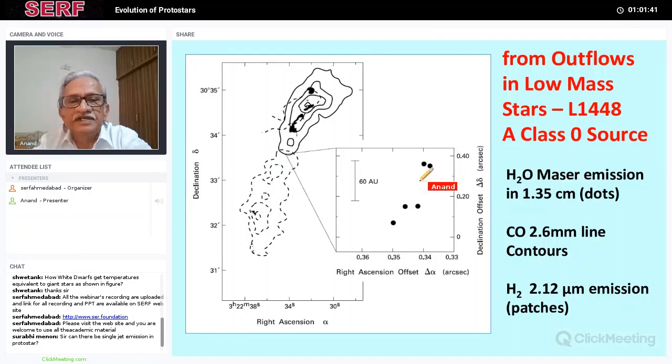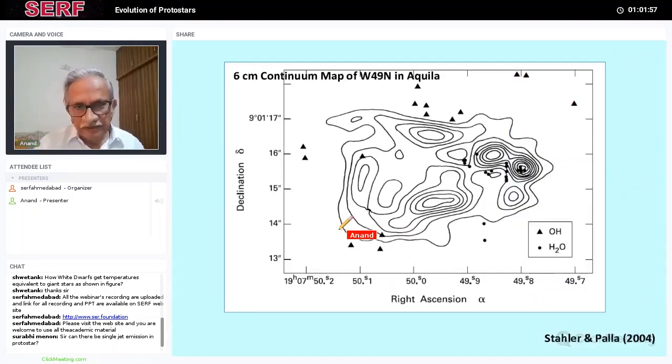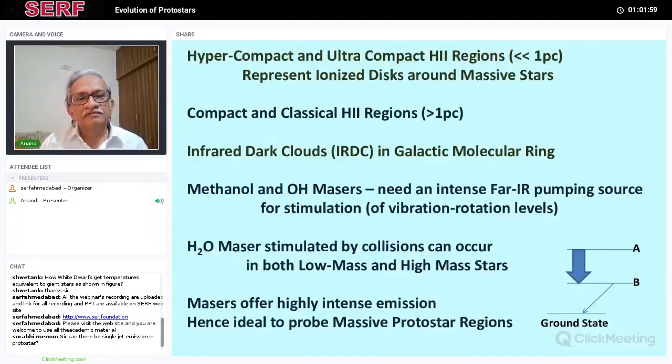Okay, so these are the maser emission, 1.35 centimeter dots here. Other lines are also there, but that's not important. What I wanted to show you is that the low mass stars also can show you this, but the only difference is to go for molecules like methanol and OH, which require radiative pumping, not the collisional pumping.